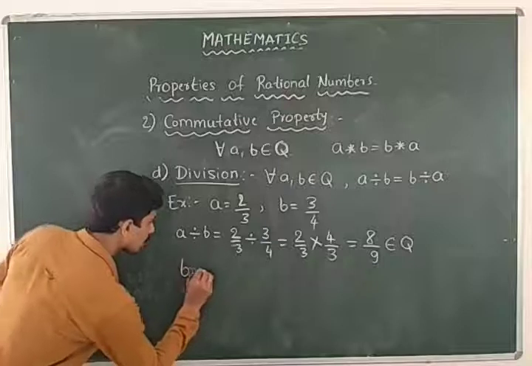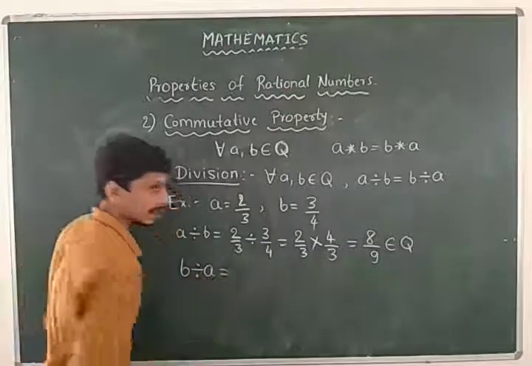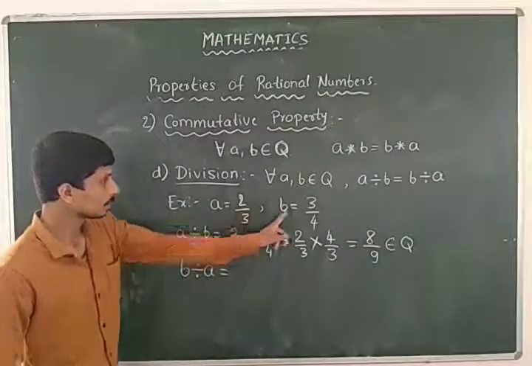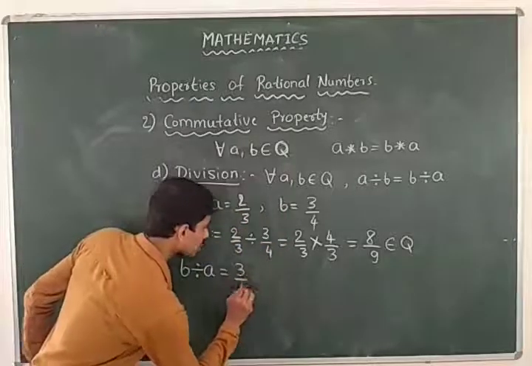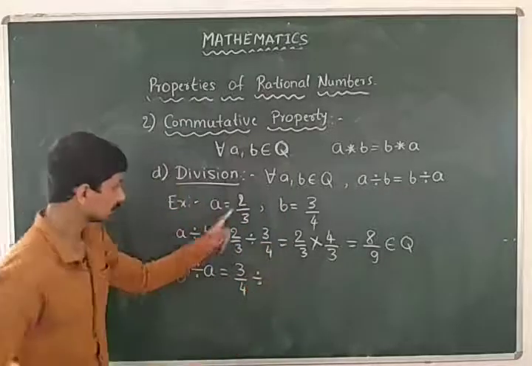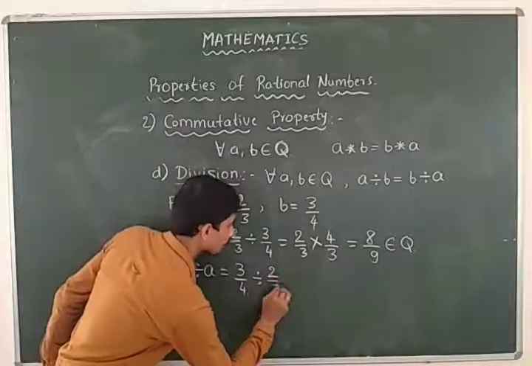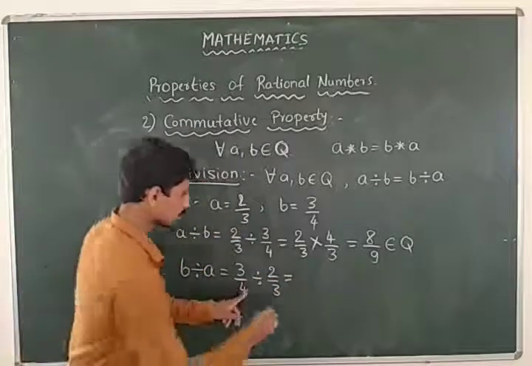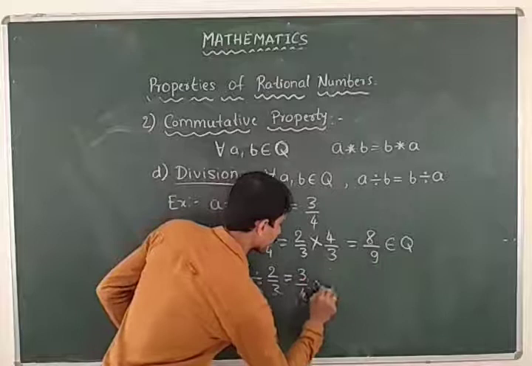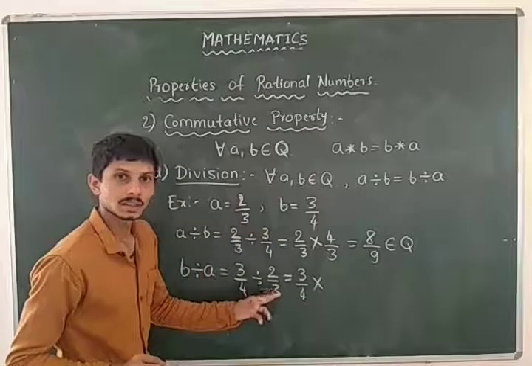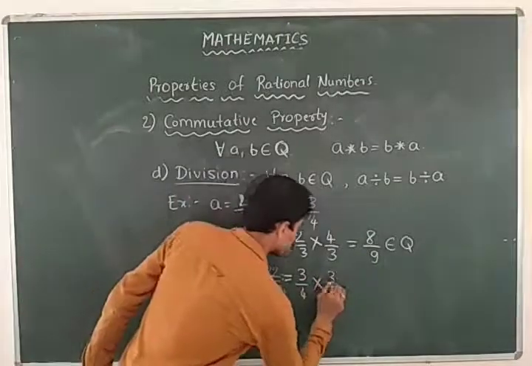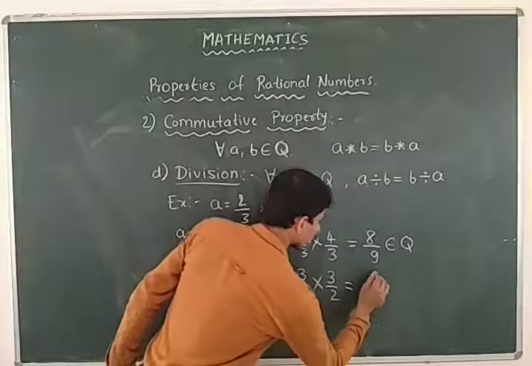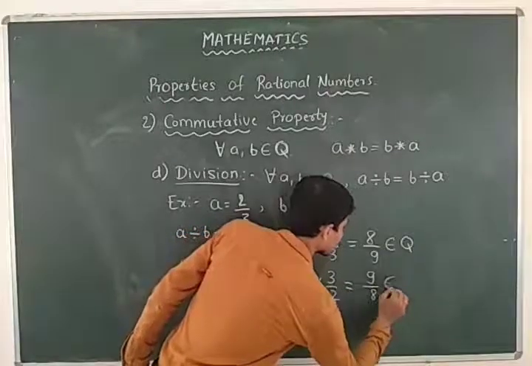So b by a is equal to 3 by 4 divided by 2 by 3, which is equal to 3 by 4 into, let us invert this number, 3 by 2, equal to 9 by 8.